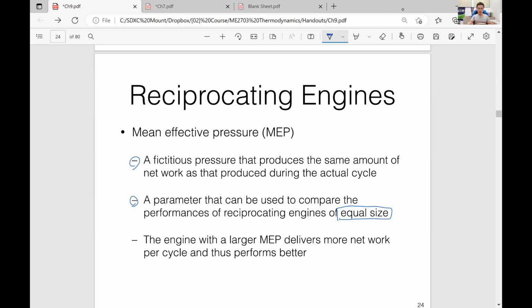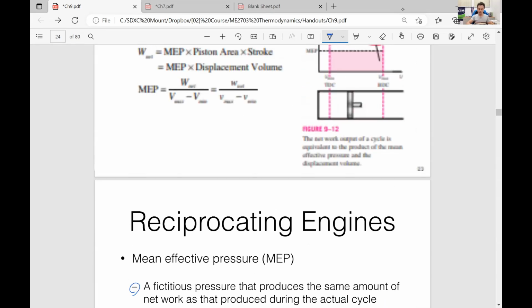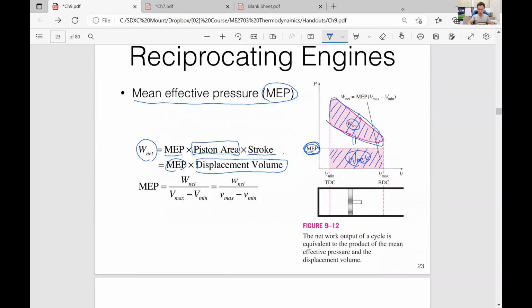The engine with a larger MEP delivers more net work per cycle and thus performs better. Of course, because when MEP is larger, the net work is larger if the displacement volume is constant. That is what an equal-size engine means, right?